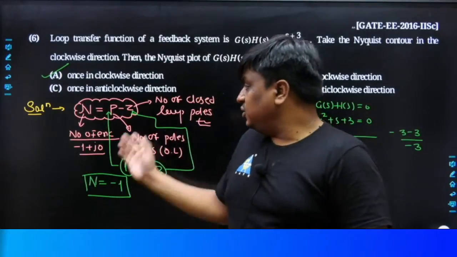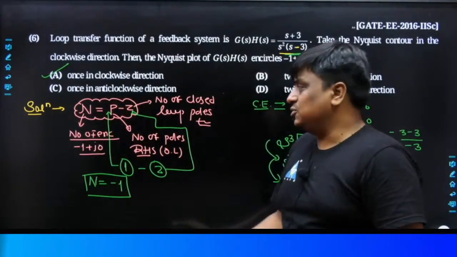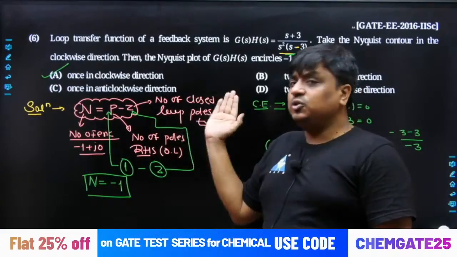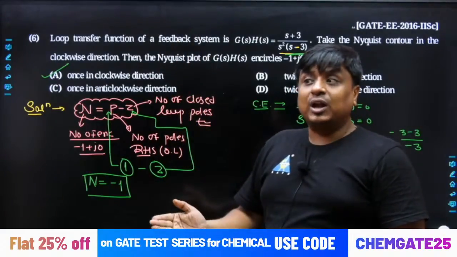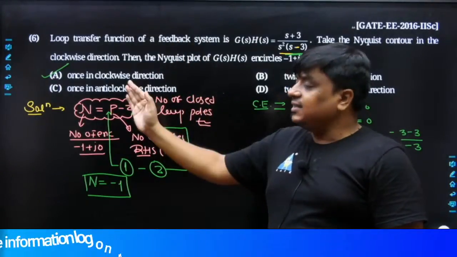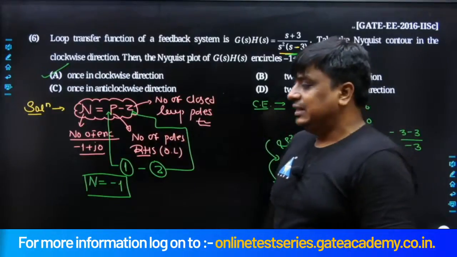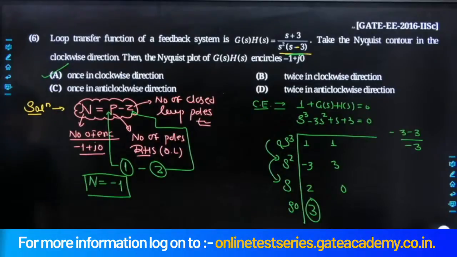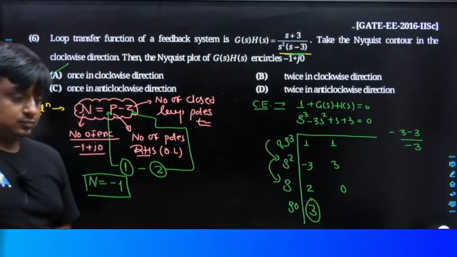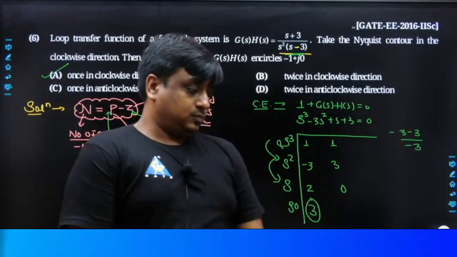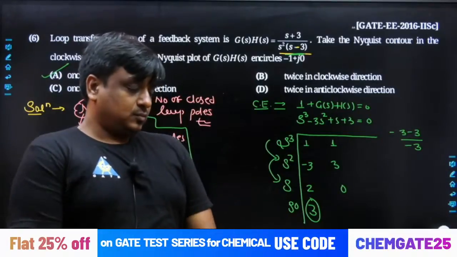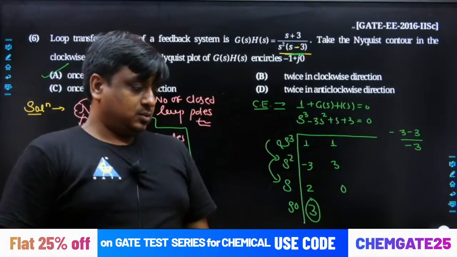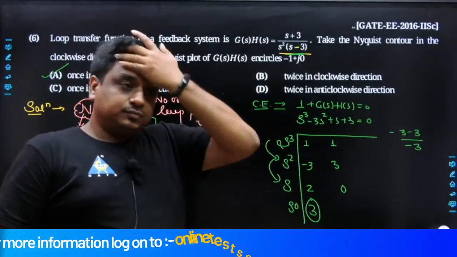So if you belong to that segment, you could use the manual method of the polar plot, then the Nyquist plot, and then the value of N. Definitely the calculation would have been very difficult. Agreed?